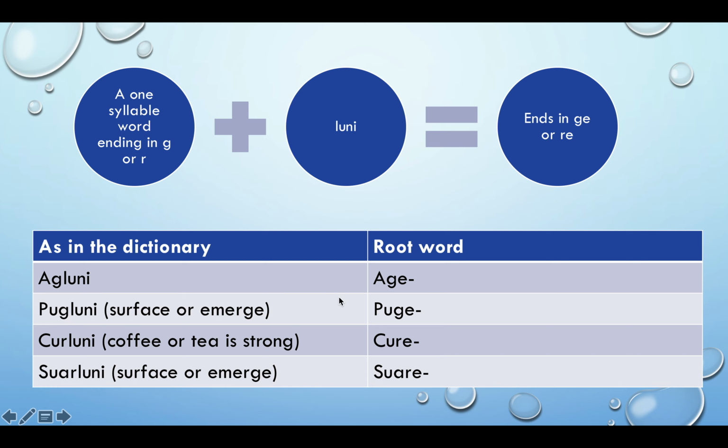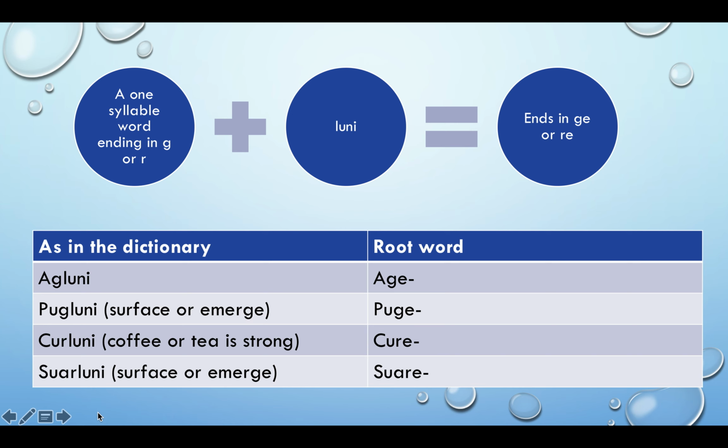Puchluni, to surface or emerge, would be puche. The root word ends in GE. Juchluni, coffee or tea is strong, and that root word is juche.